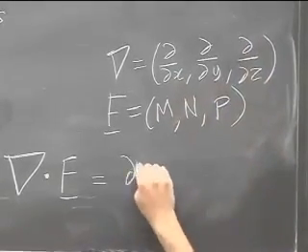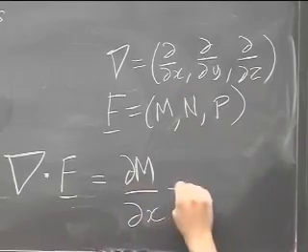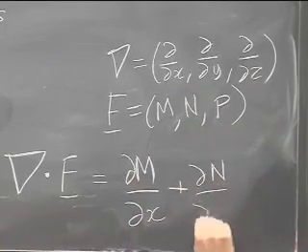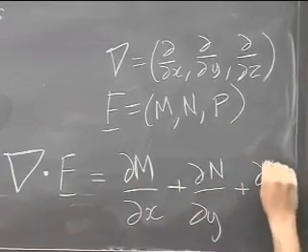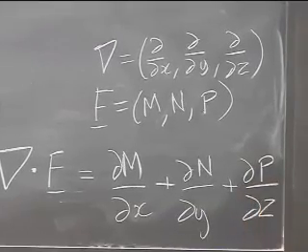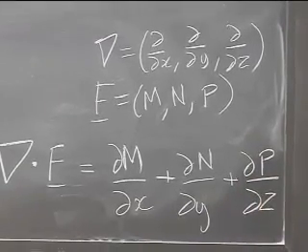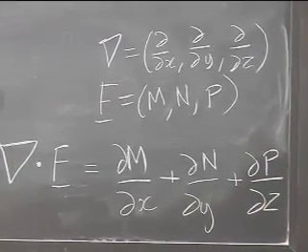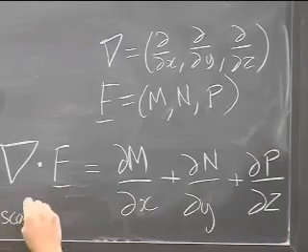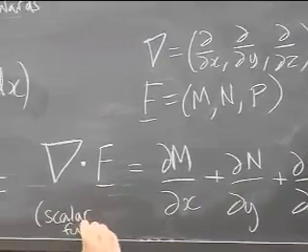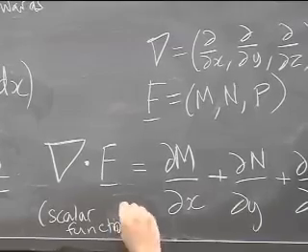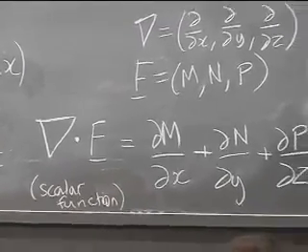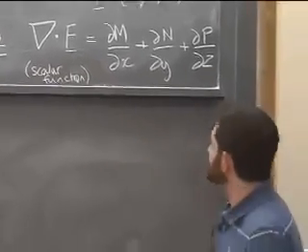So it's dM/dx plus dN/dy plus dP/dz. That's the divergence of a vector field, and it's a scalar. This is a scalar function. Okay, the curl was a vector. The divergence is a scalar.